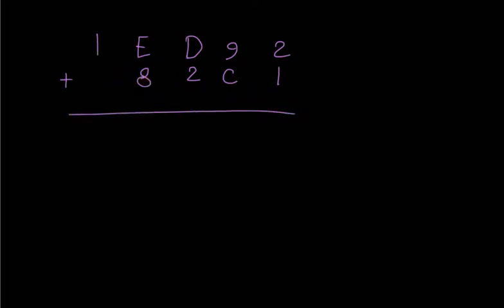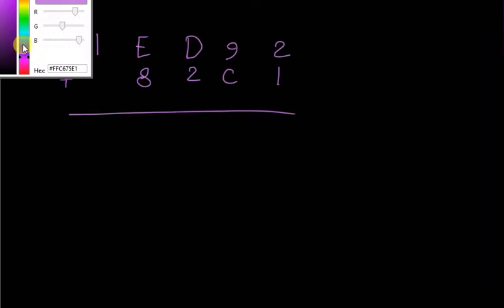So I have 1ED92, and I'm going to add this to 1C28, for example. Okay, this is good. So I want to add these two numbers together. Now let's see how it works.